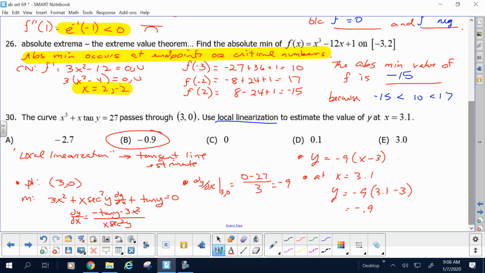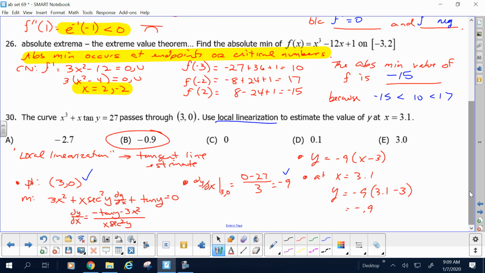So if you need to find a tangent line, that might have been what you needed to get started, so you might not have been able to do this. But now that you know it means use a tangent line, it's really a two-step process. Find the tangent line, which means find a point and a slope. My point was (3, 0). They gave it to you, and the slope was negative 9, which you obviously had to use implicit differentiation on.